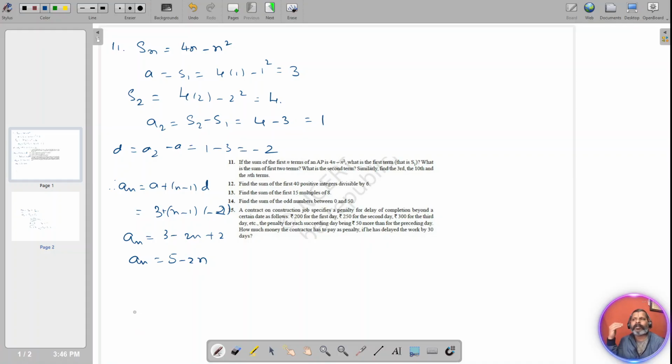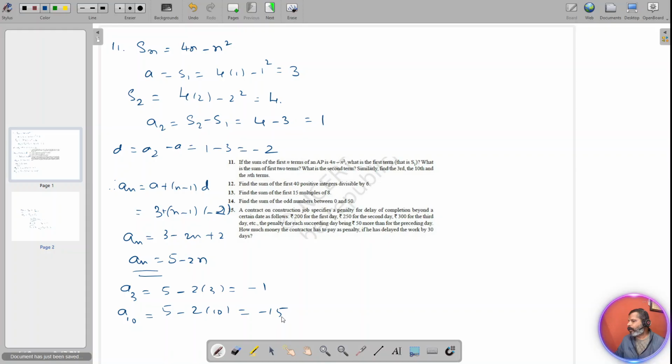Once you have an, you can find any number of terms. They want third term, 10th term, nth term. Nth term we found. Therefore, A3 is equal to 5 minus 2 of 3, which means minus 1. A3 we found. For the 10th they want, n is equal to 10, you have to put 5 minus 2 of 10, 5 minus 20 is minus 15.